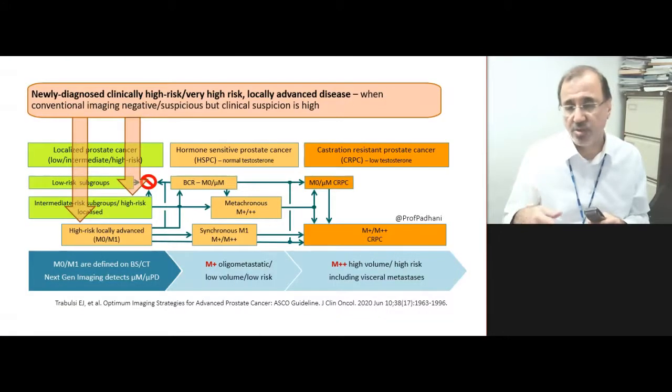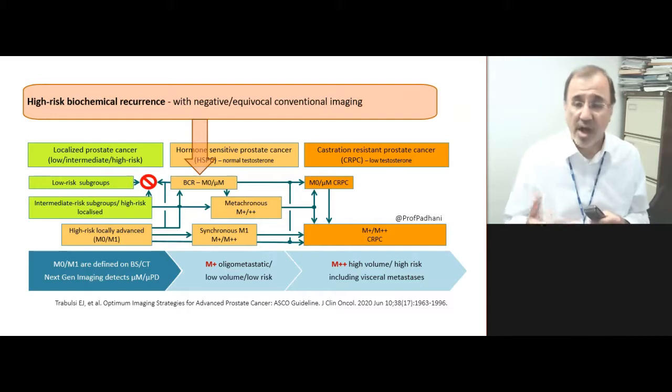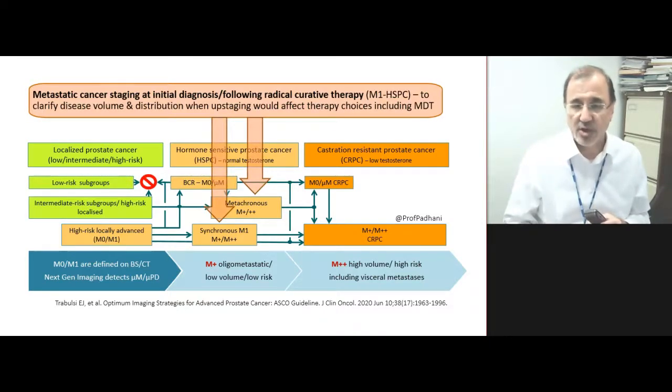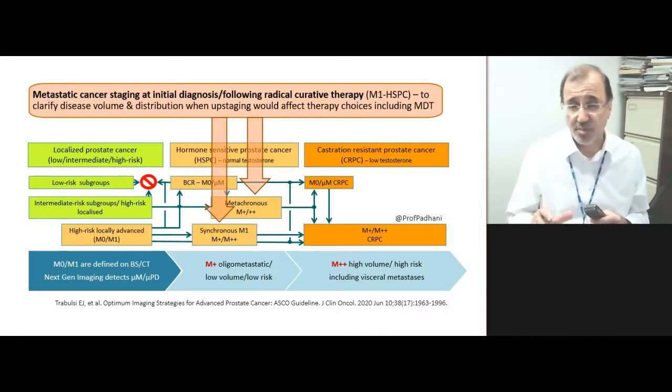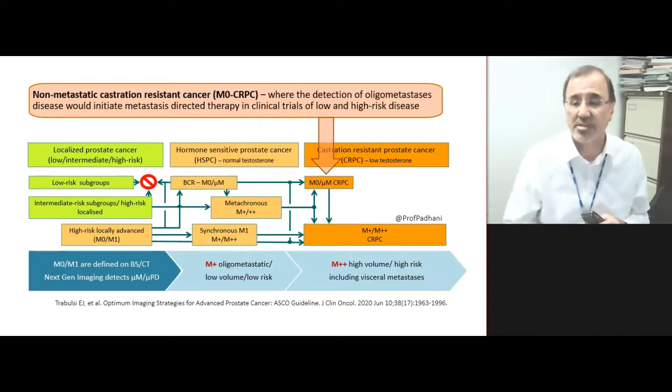For newly diagnosed high-risk locally advanced cancer, when conventional imaging is negative and clinical suspicion is high. For high-risk biochemical recurrence, when there is negative or equivocal conventional imaging. For metastatic hormone-sensitive prostate cancer, to clarify disease volume and distribution, when upstaging would affect therapy choices, including the use of metastasis-directed therapies.